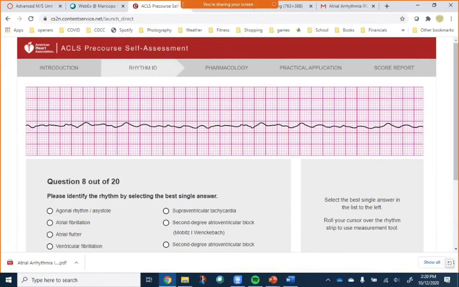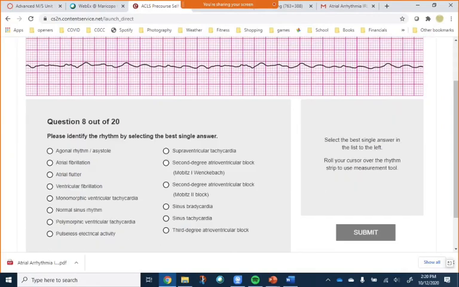There isn't a single QRS. This one could be, because there is some activity, they could call it a fine V-fib. It could also be agonal rhythm asystole. I really wouldn't make you choose between the two. I think, just because I've taken this test 5,000 times, I think they want V-fib. I think this is a fine ventricular fibrillation.